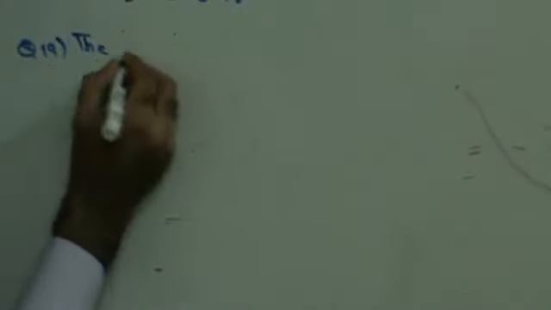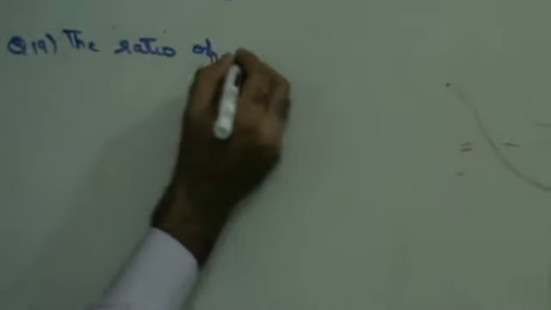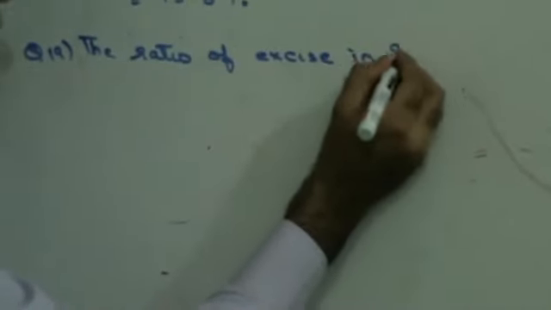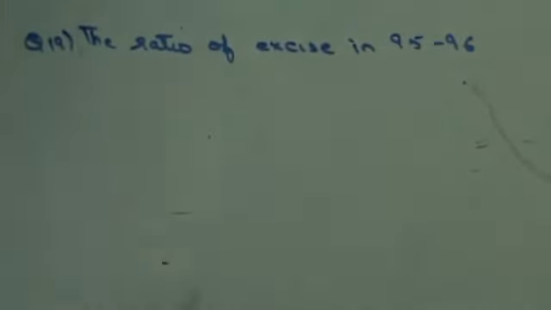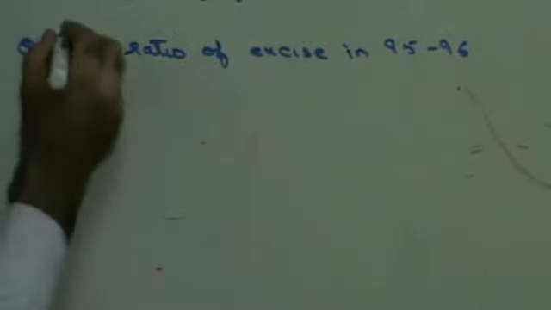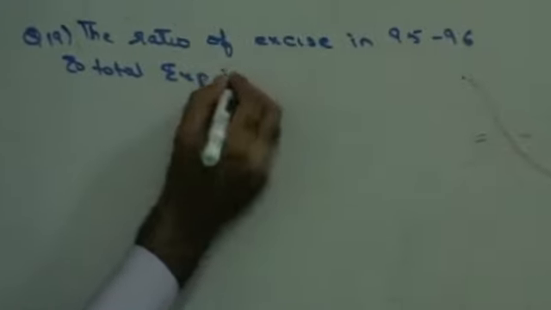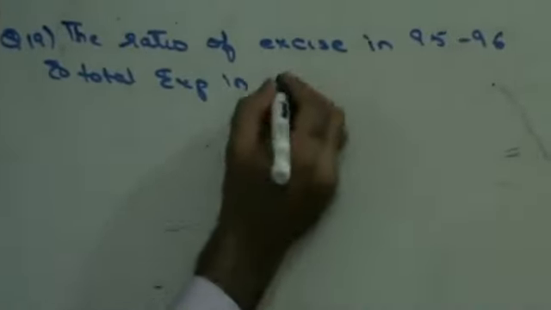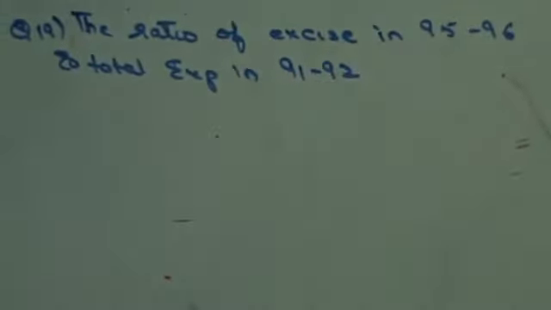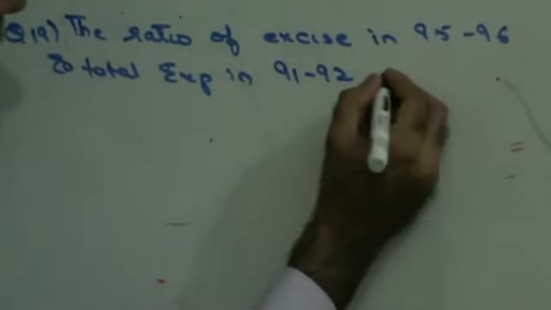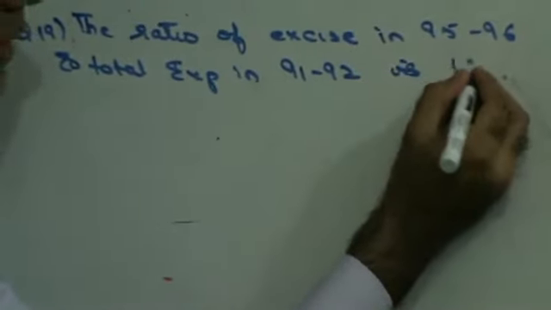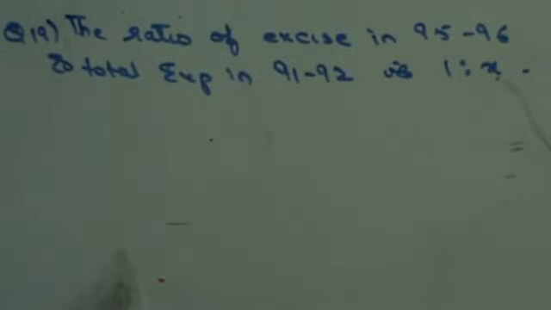The ratio of excise in 95-96 and total expenditure in 91-92 is 1:x, right? Find x.